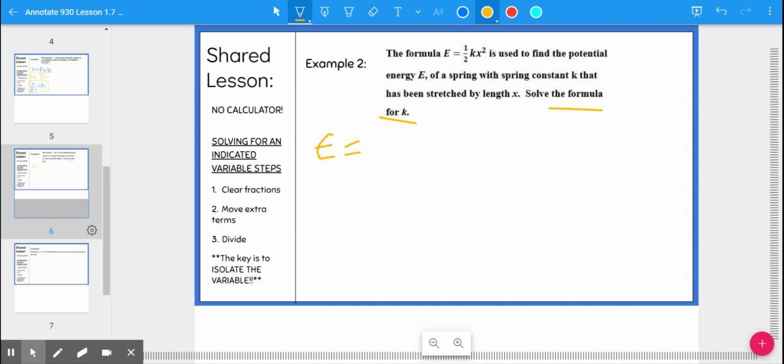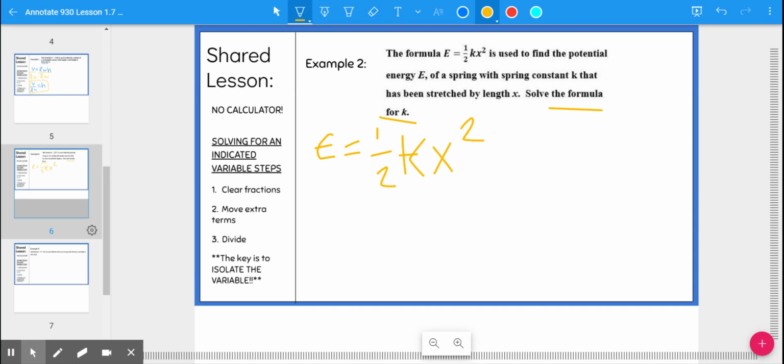So we have E is equal to 1/2 K x squared.